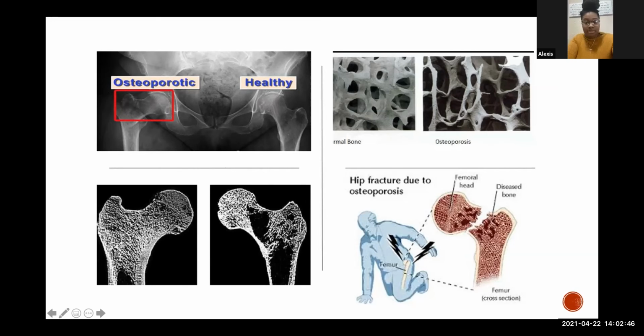The top right corner shows the honeycomb we were talking about. You can see with the normal bone, it looks more like a honeycomb. In the osteoporosis, the spaces are much larger. And the bottom shows hip fractures due to osteoporosis in the femoral head and the fracture in between on the neck.